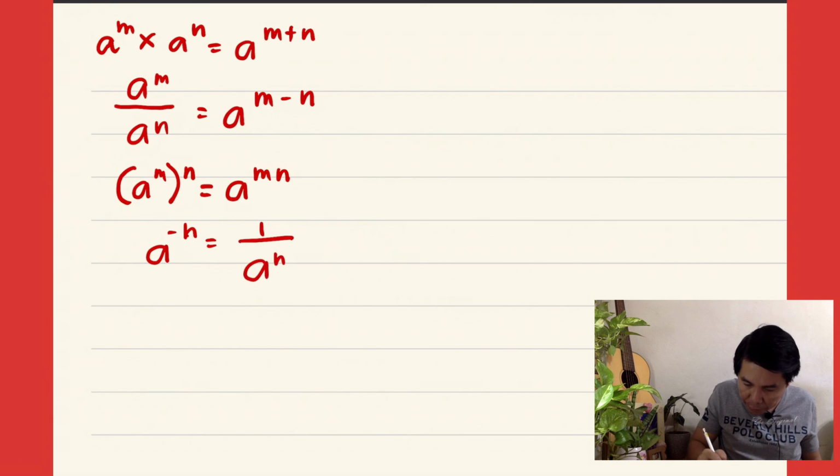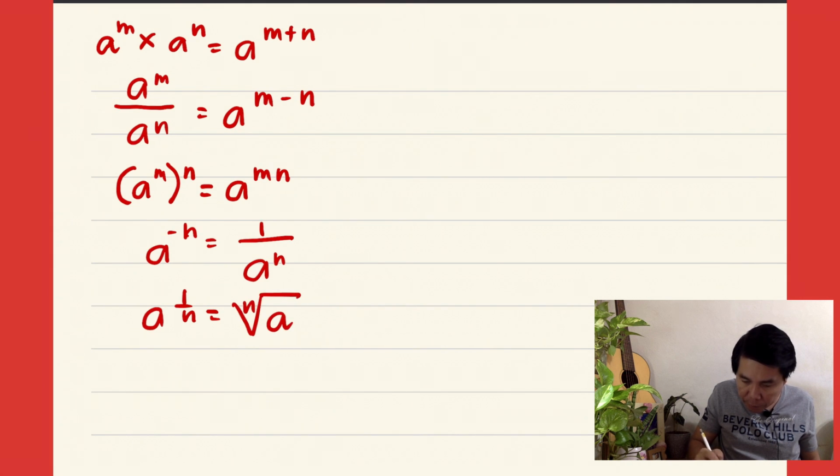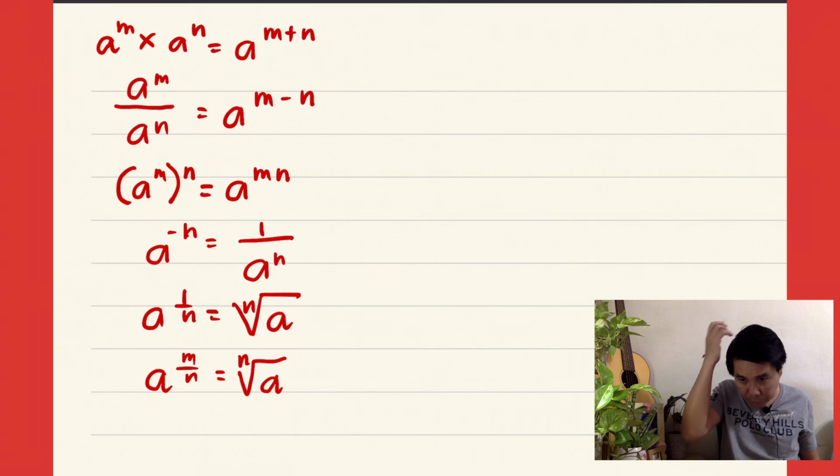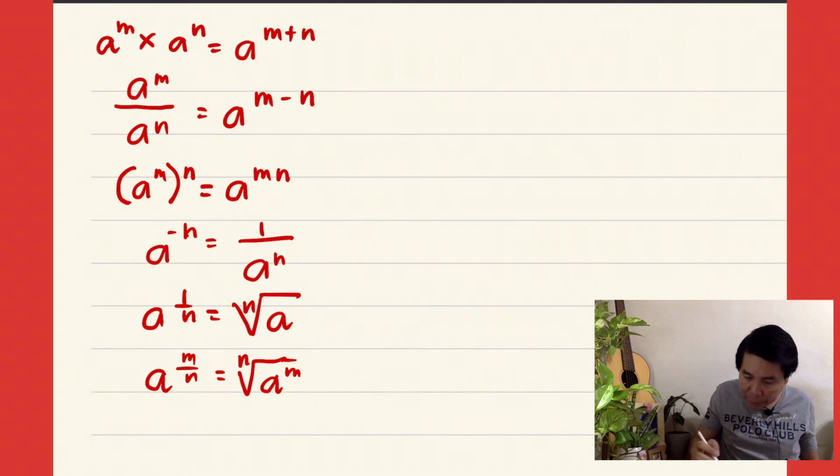If we have a raised to the power of 1 over n, it is equal to the nth root of a. Then a raised to the power of m over n means the nth root of a to the m.